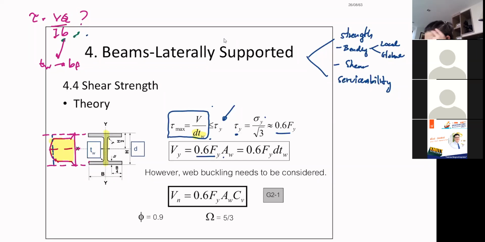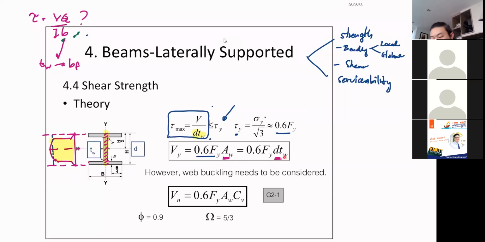But this time it is this entire area. So simply the area of the web becomes the depth multiplied by the thickness of the web. But still you can see in the sheet, ooh, buckling needs to be considered.